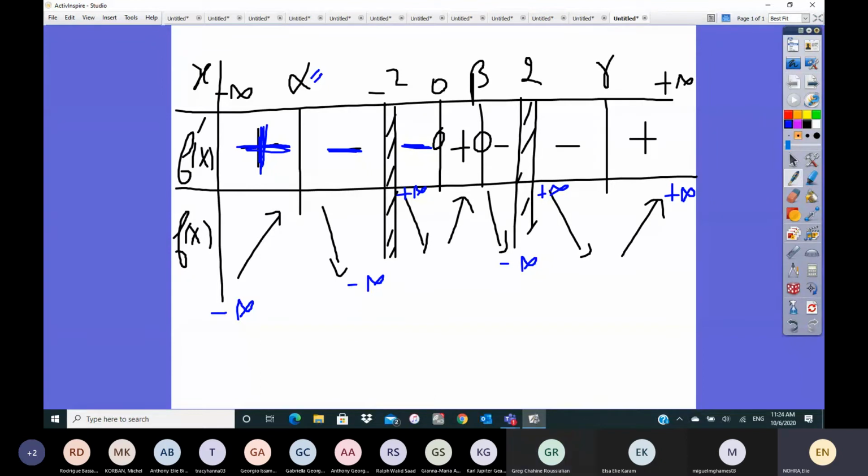Alpha is -3.35, beta is 0.15, gamma 3.35. And you find the values. I'm giving you the answers: it's -5.3, correct?